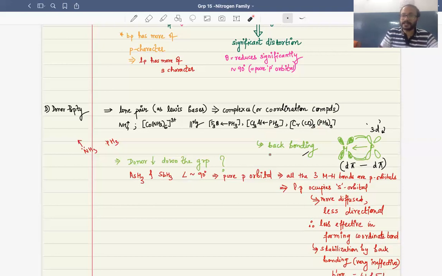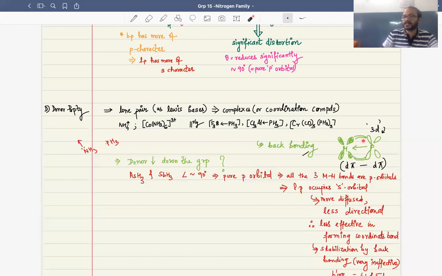That is because of the back bonding that is possible in the case of phosphorus, because we know phosphorus contains empty 3d orbitals. So what happens? When it forms a coordinate bond with the metal, the filled d orbital on the metal can back bond with the empty 3d orbital on the phosphorus.